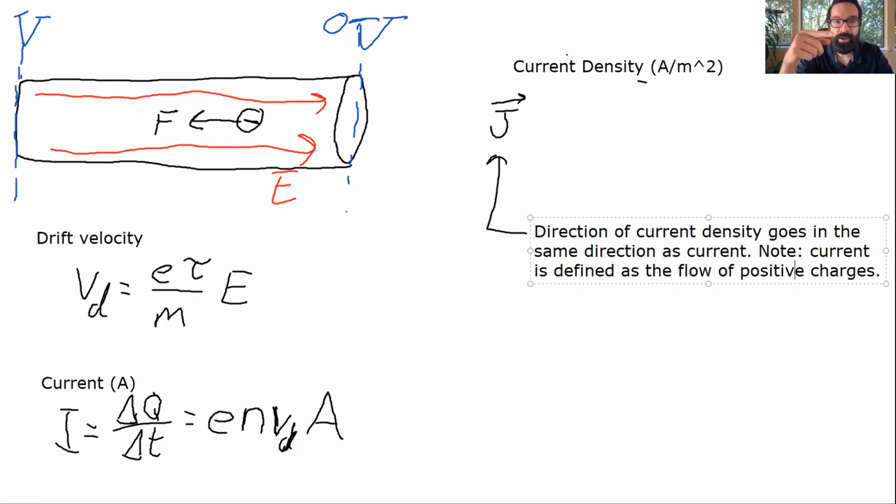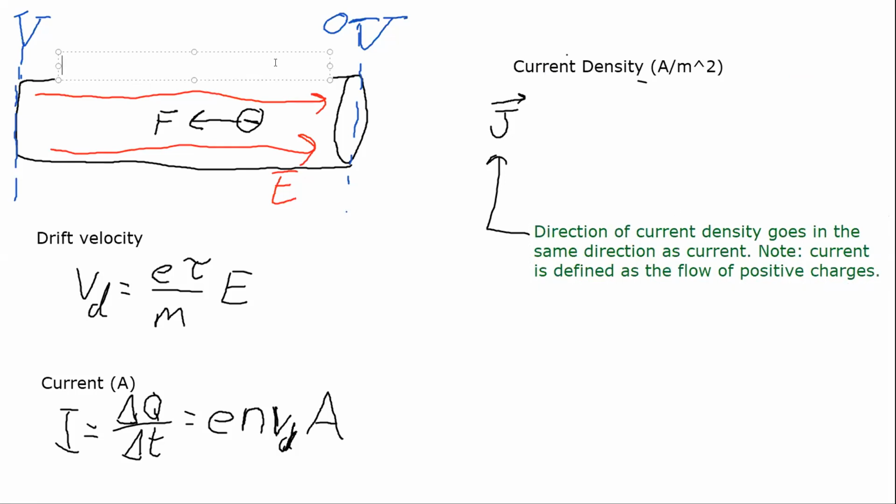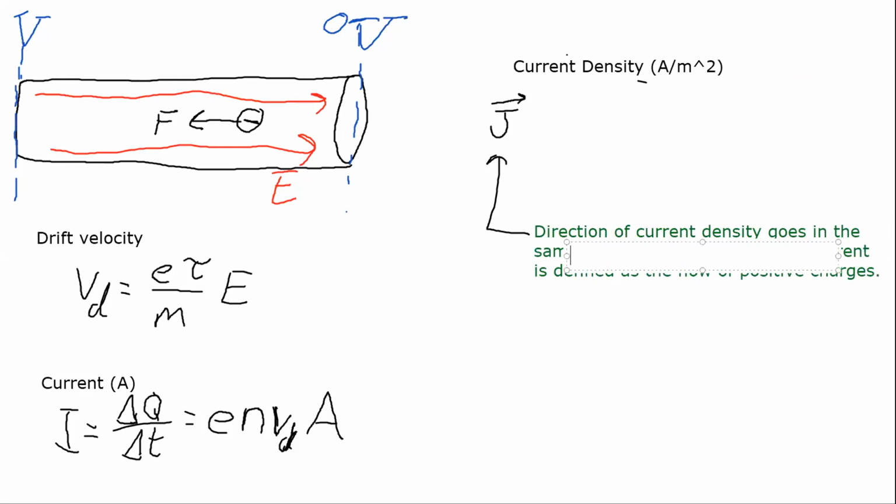So when we're looking at current, current's actually going to go the opposite direction of the electrons. Maybe I'll show you on my picture here. In my little diagram, if I want to define current, I'll do that in green. You see the electrons moving to the left, but current is going to be defined going this way.